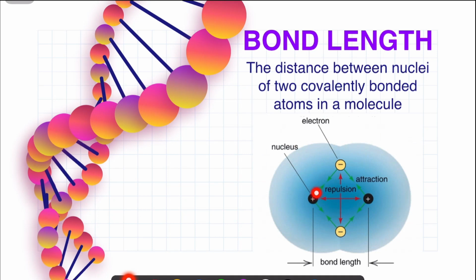This is the nucleus of one atom and this is the nucleus of another atom, and when they form a bond between these 2 atoms, you can see the bonding electrons. What happens here is there are repulsions and attractions. The repulsion occurs when negative electrons, bonding electrons and bonding electrons, cause repulsions.